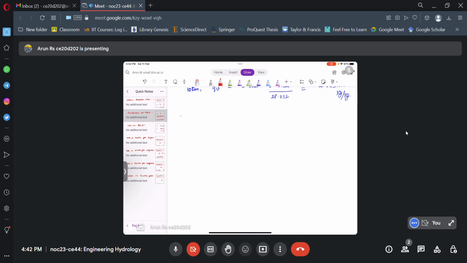Next, between the cloud base and your ground level, your atmospheric variables are going to change. So we are going to compute the average of the density of dry air at that place.